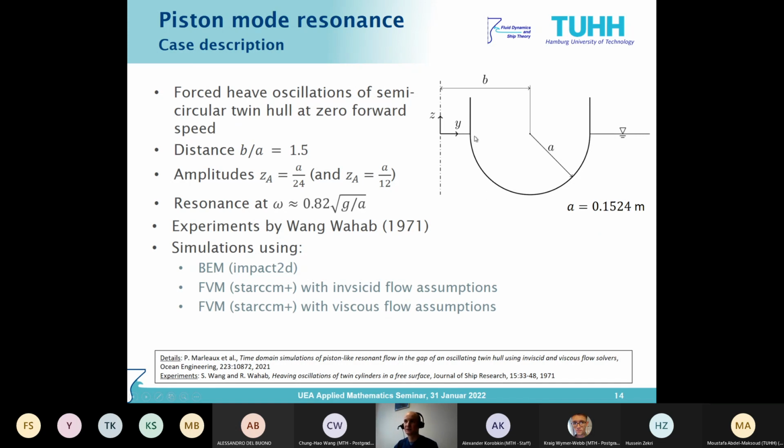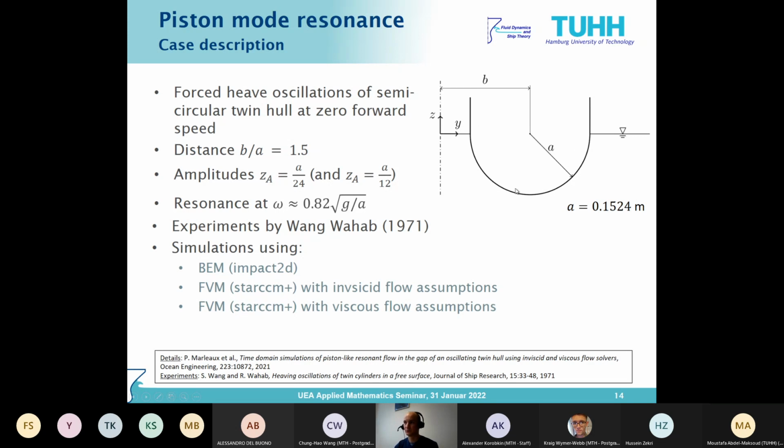The background of this is, if you look into publications on those piston mode cases, most of the time they're done with bodies with a rectangular shape. Then there is a huge influence of viscosity, because at the bilge or at the edge of those rectangles there's flow separation happening, and viscosity plays a big role there due to vortex shedding and so on.